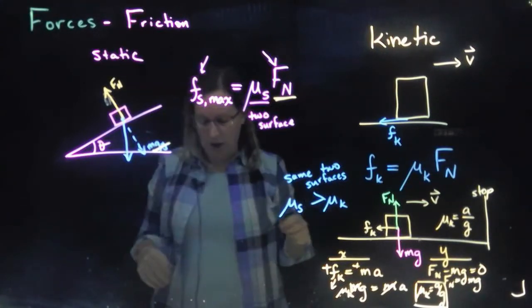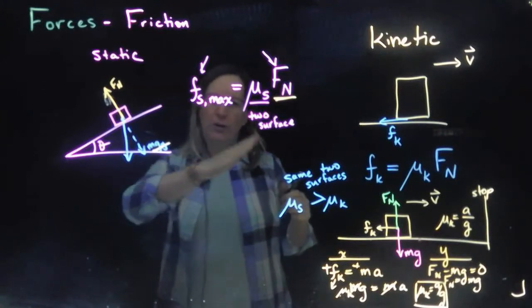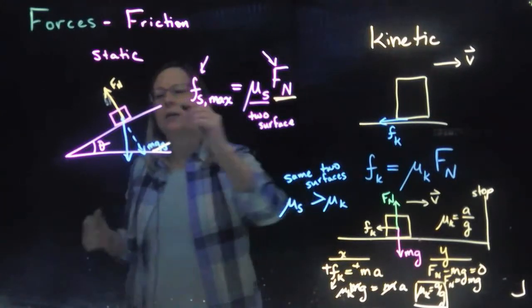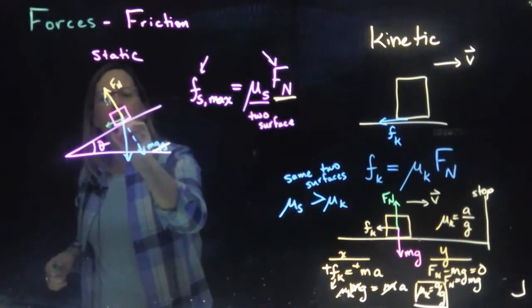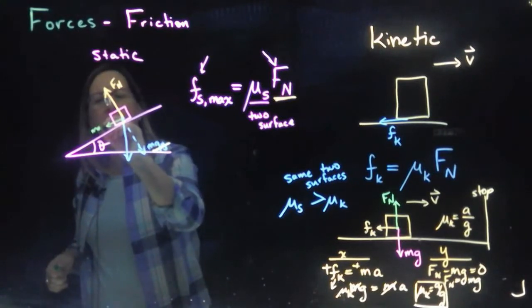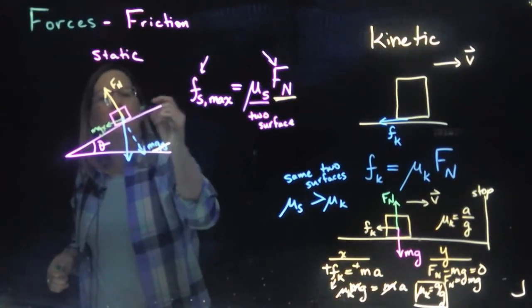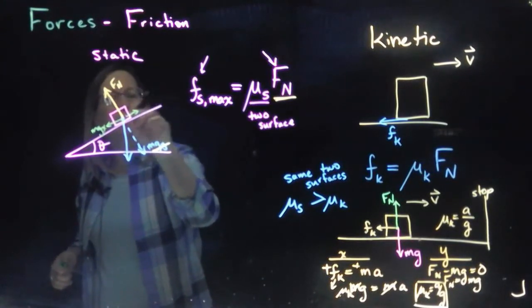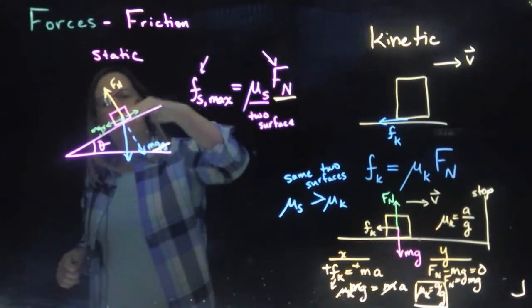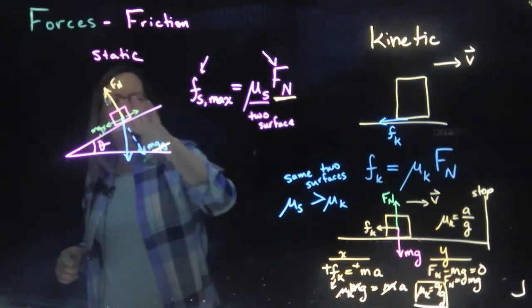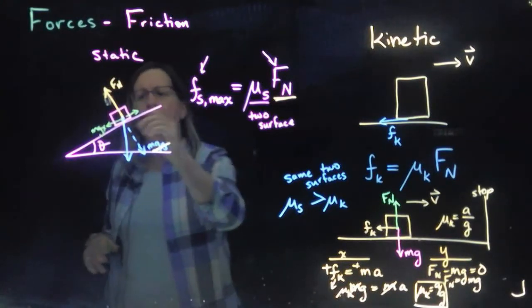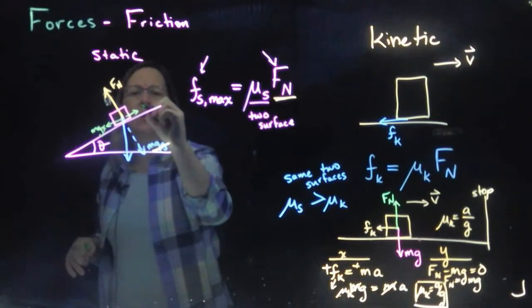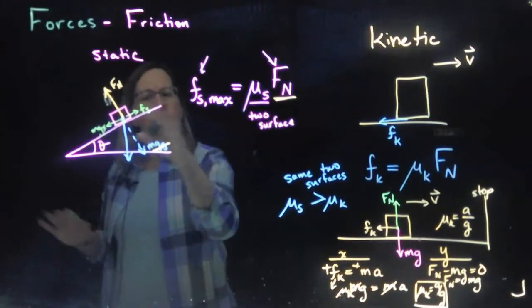Then we know that we have the component, the mgx component, that's getting bigger. And then we have, in this case, this wanting to oppose the motion. So this weight wants to pull it down. It says, no, no, I want to stay. So this opposes it. So we have fs, which is adjusting.